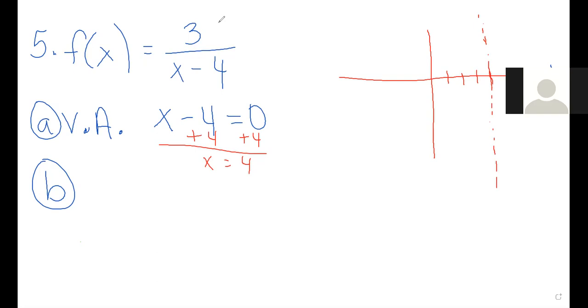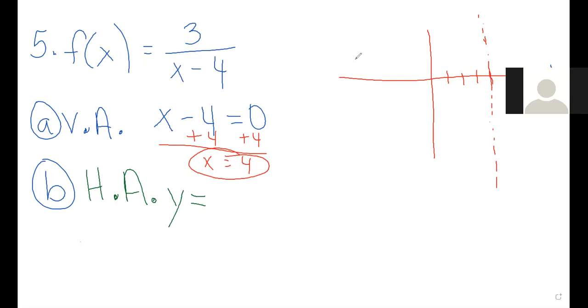So let's switch colors now, and let's go to our horizontal asymptotes. And so the thing that most students forget is right off the get-go. Remember, for a vertical asymptote, your equation is always x equals. For a horizontal asymptote, remember, you start out with y equals, always. It's the way that it is.